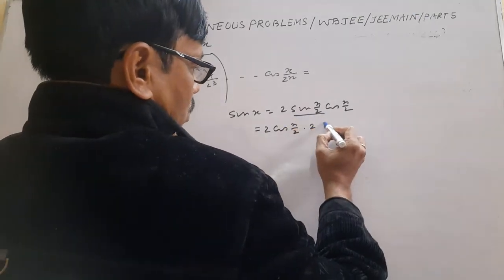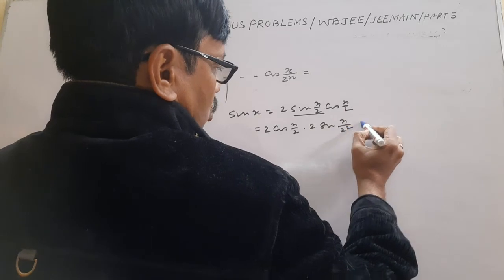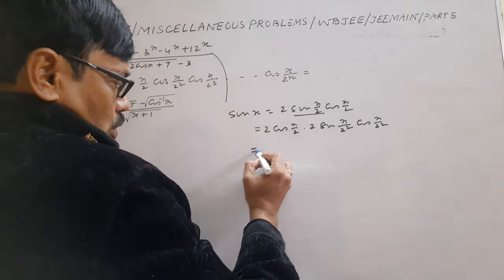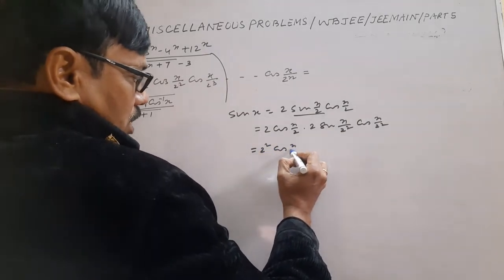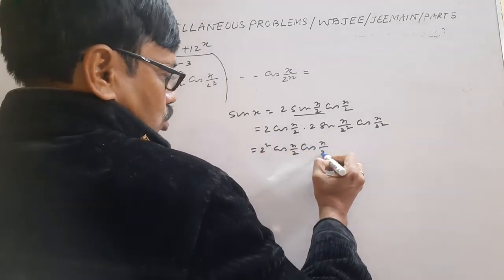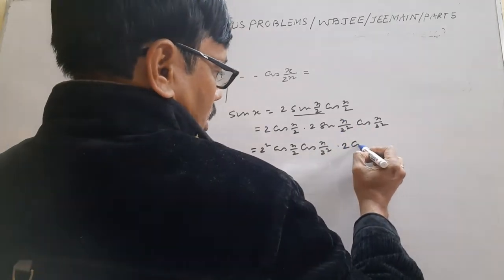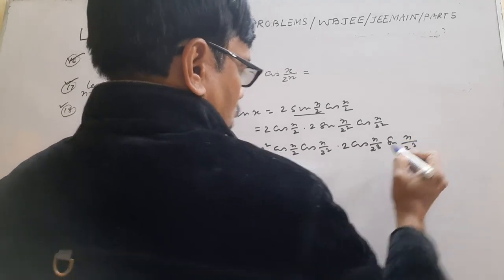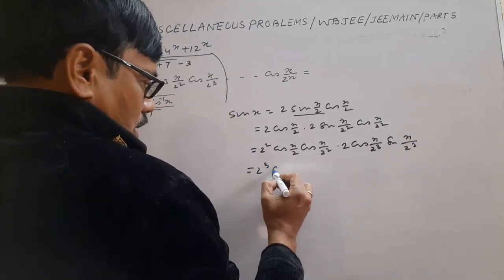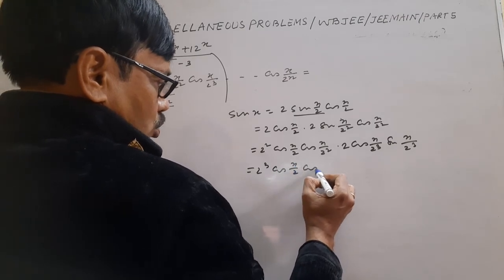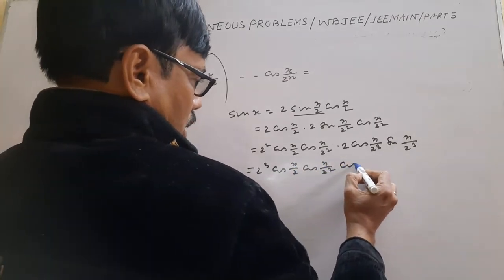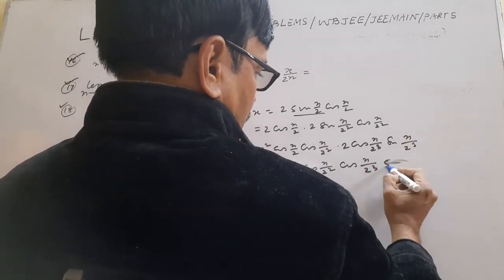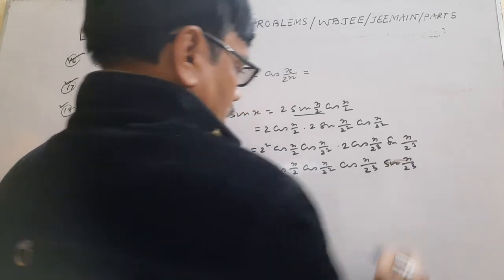Again we put this formula for sin(x/2), giving 2 squared cos(x/2) cos(x/4) times sin(x/4). Again using this formula, we get 2 cubed cos(x/2) cos(x/4) cos(x/8) sin(x/8), that is, sin(x/2 to the power 3).